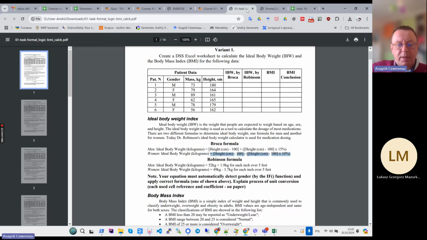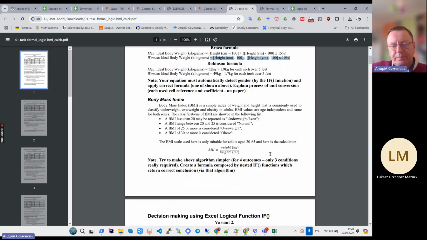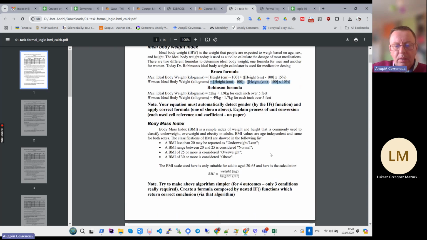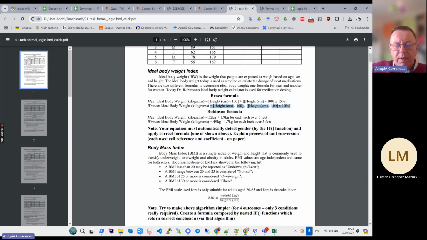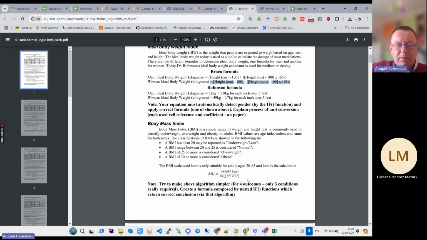Speaking of conclusion and BMI, it has to be something like: weight divided by height. BMI is pretty easy. The formula is weight in kilograms divided by height in meters.